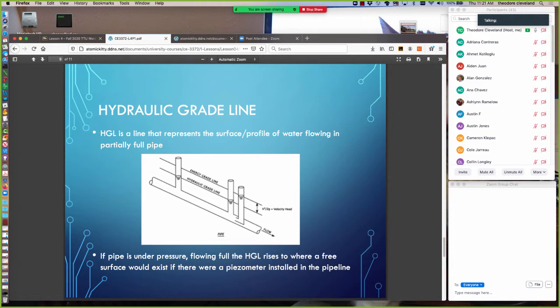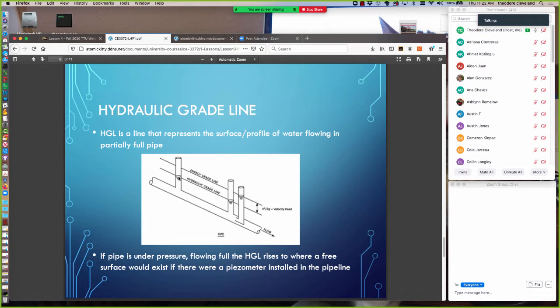And if you recall, in your fluid mechanics class, you should have been introduced to the concept of hydraulic grade line. And that's a line that just represents the surface of water flowing in a partially full pipe, or even a full pipe. The way to visualize it is if you had a conduit and there was water in it, the hydraulic grade line at any point would be the sum of the elevation head and the pressure head for that flow system.